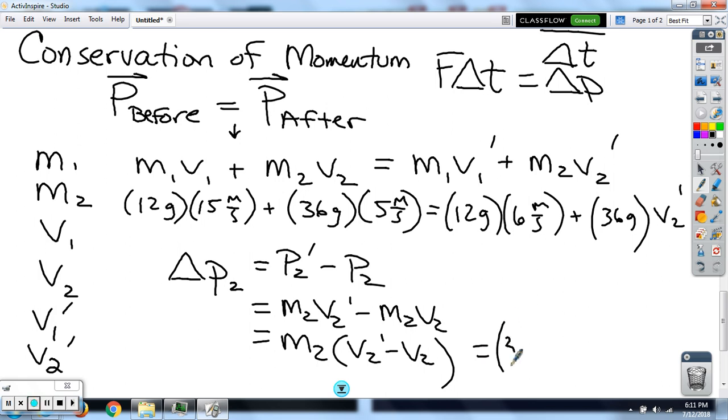So that's going to be 36 grams times V2 prime, which you'll need to figure out, minus 5 meters per second. So once you figure this out and plug that in here, this will be your answer.